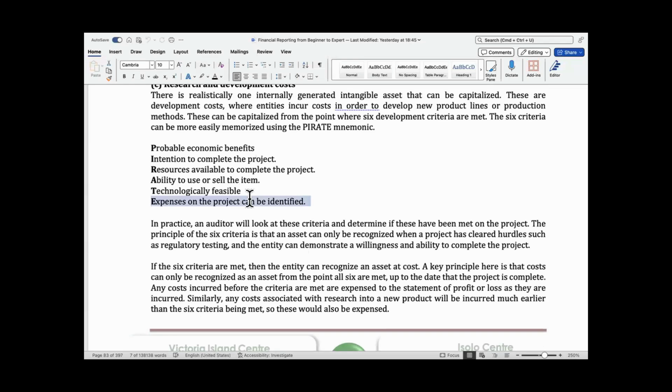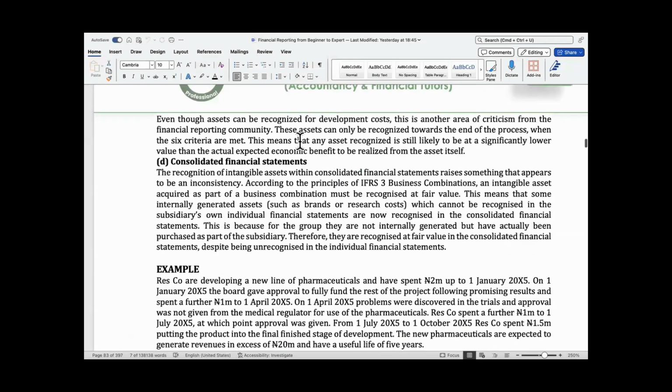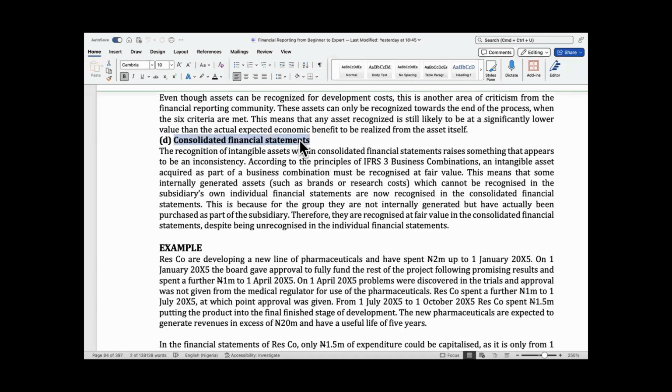Now, there is this one. There are some intangible assets that are only recognized in the consolidated accounts, like brand names or research costs. Ordinarily, they are not recognized because most of them, the rules in IAS 38 say don't recognize them, like brand name, for example, because they are internally generated.